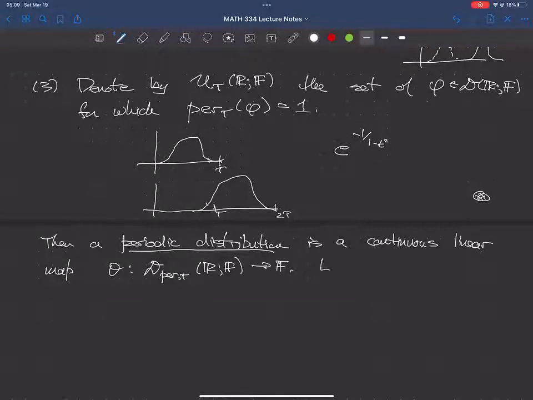And we're going to denote by D'_per^T the space of periodic distributions.